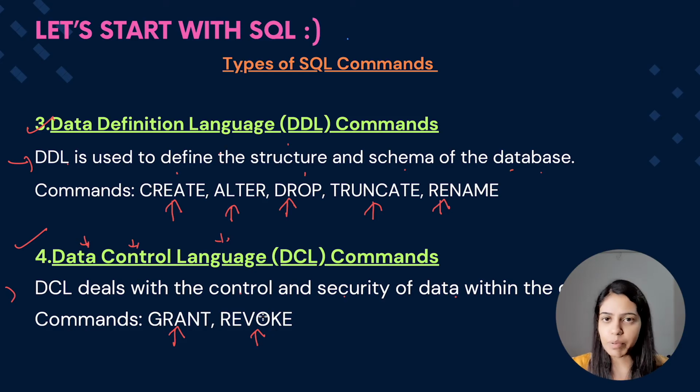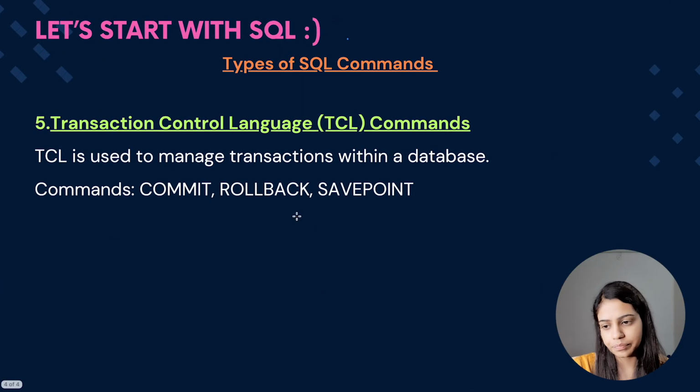So we grant some permission or some security is there so that we can control the access of data. So teacher can access the student data. Student himself or herself can access only their data. So such types of commands which help in that purpose, like controlling of the data or security of the data, come under the DCL. That is granting and revoking.